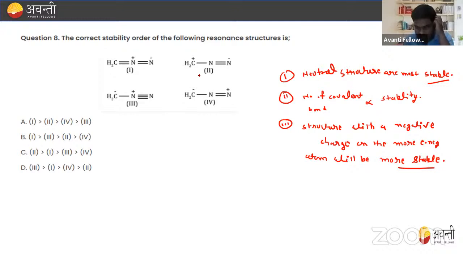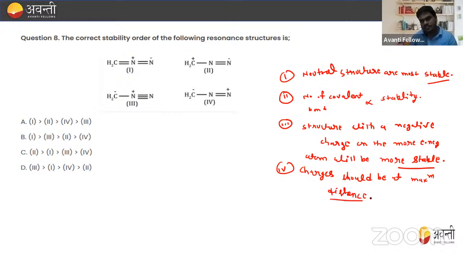Now, for charge separation, like charges should be at the maximum distance. So these points are important to identify the correct stability order of the following resonance structures.